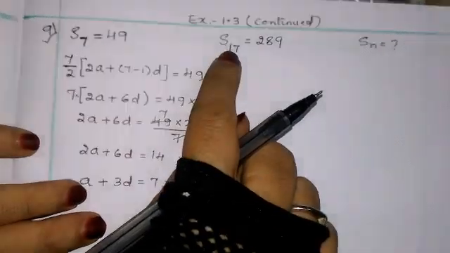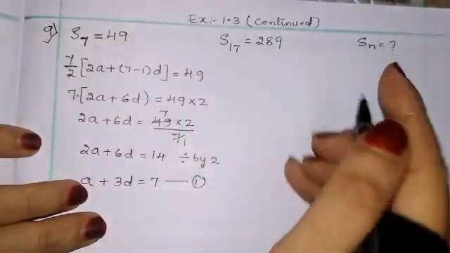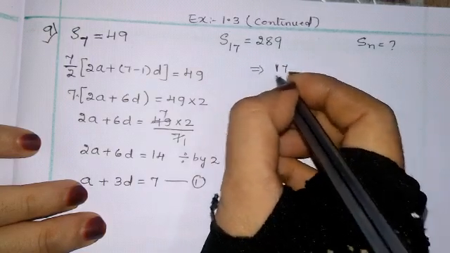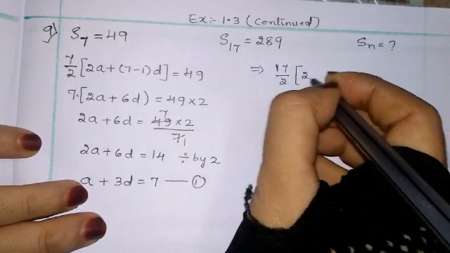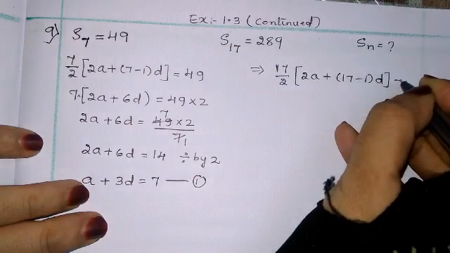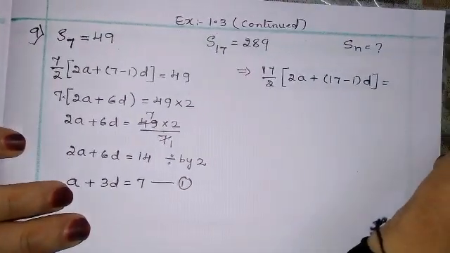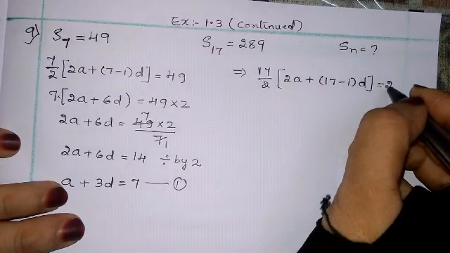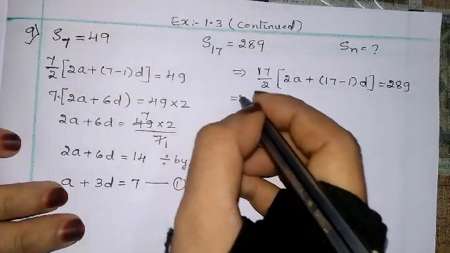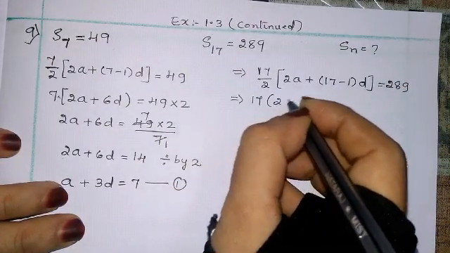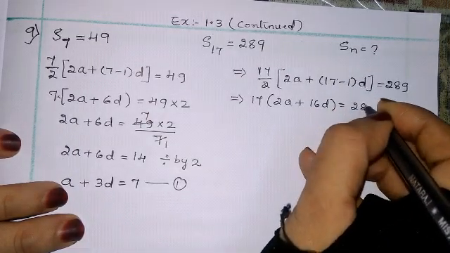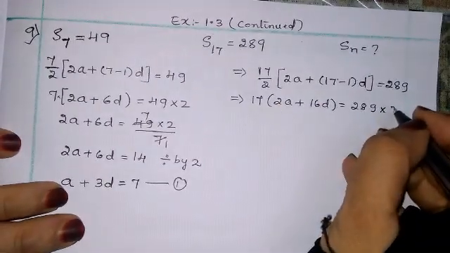Similarly, we have to do this for S17 is equal to 289. 17 by 2 times (2a plus (17 minus 1)d) is equal to 289. Same process we have to do. This 2 will go there and get multiplied: 17 times (2a plus (17 minus 1) which is 16d) is equal to 289 into 2.